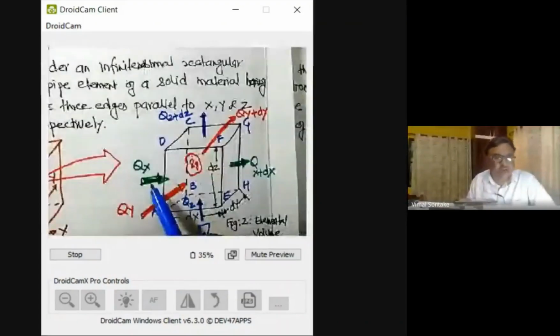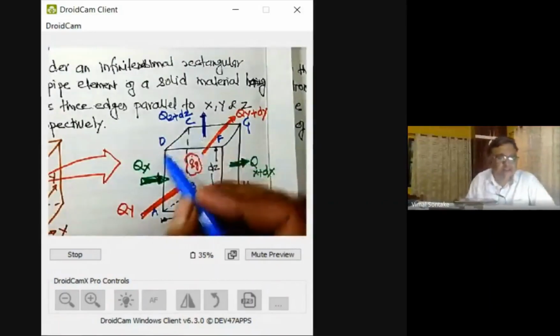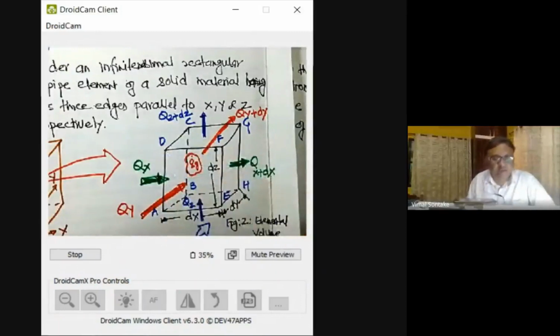The heat transfer at a distance of x is termed as qx, and it is normal to the left face A, B, C, D. I am considering the amount of heat or quantity of heat which is entering into the element perpendicular to the left face A, B, C, D during the time d tau.